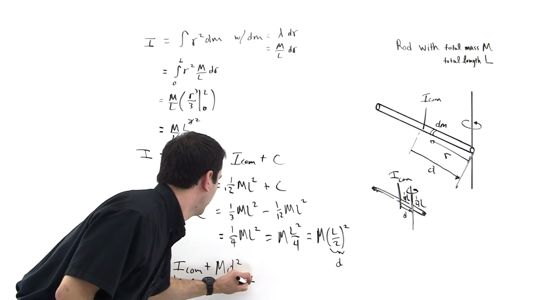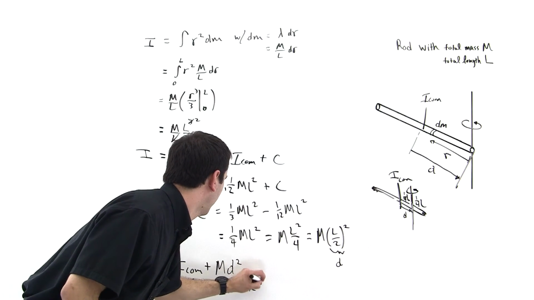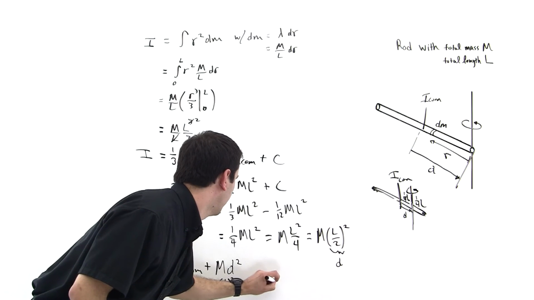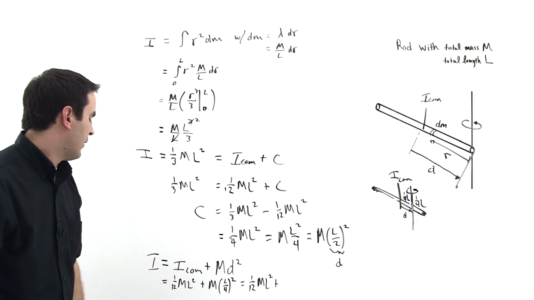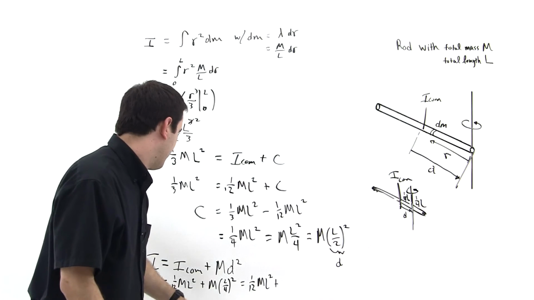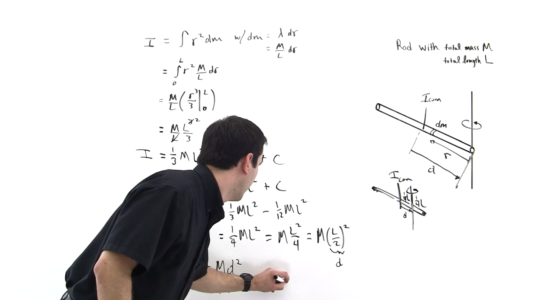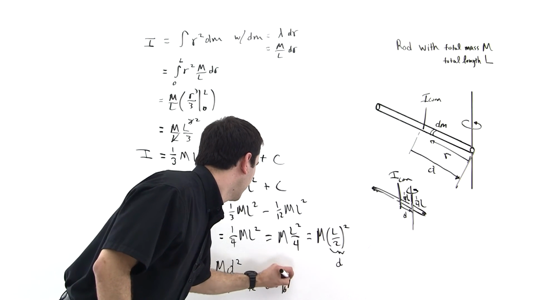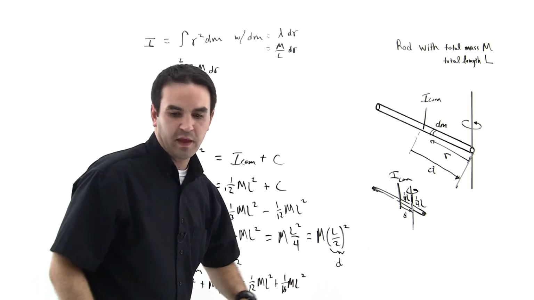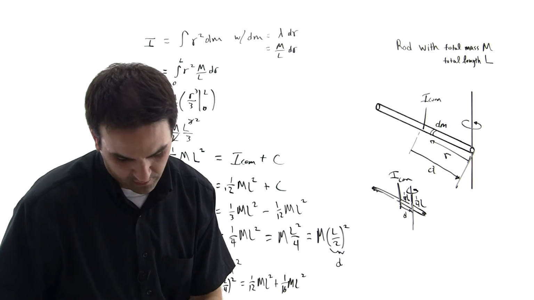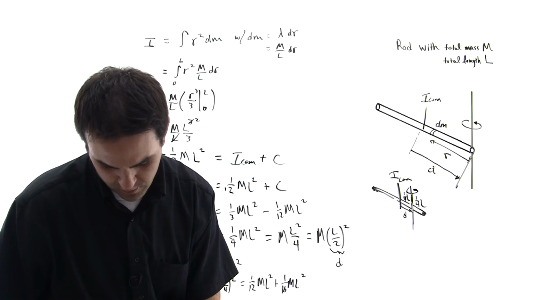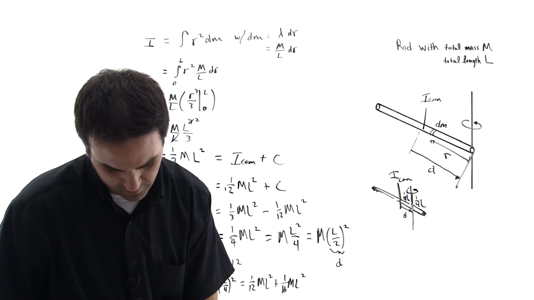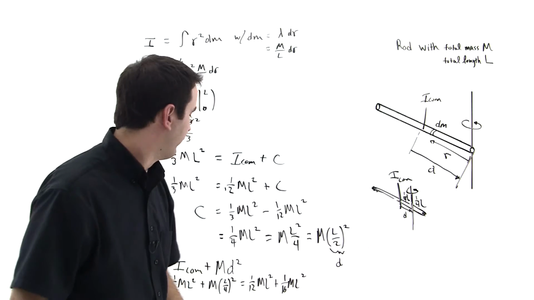So 1/12 m L squared plus 1/16 m L squared. Now I'm just going to add 1 divided by 12 plus 1 divided by 16: 7 over 48.